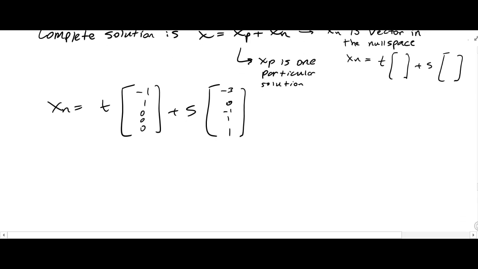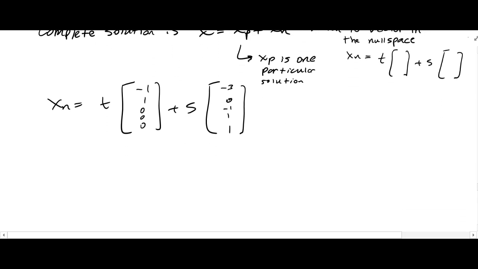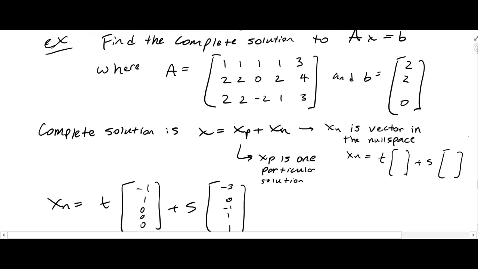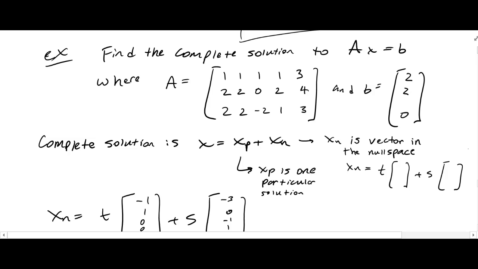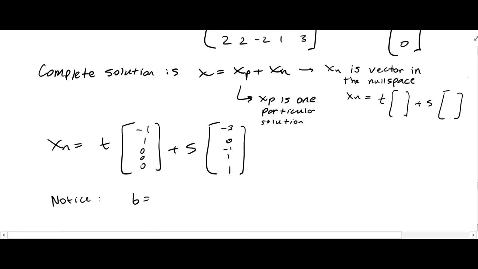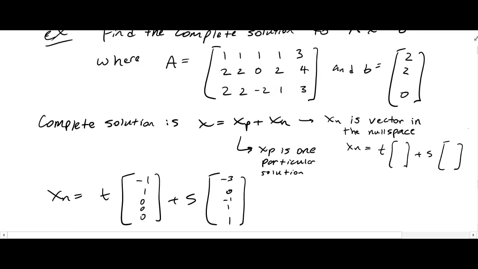So b is a vector, and b is 2, 2, 0. That can be written as the first column plus the third column.